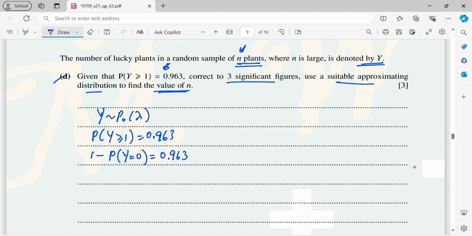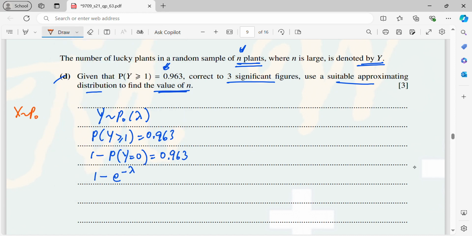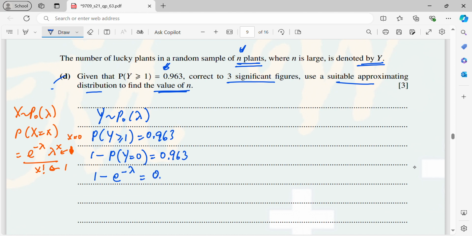Again, since it is Poisson distributed, remember that for X Poisson lambda, P(X equals x) is e to the minus lambda, lambda to the x over x factorial. When x equals 0, the lambda power is 1 and the factorial is also 1. So I will only get e to the power of negative lambda. So here I will write 1 minus e to the negative lambda equals 0.963.